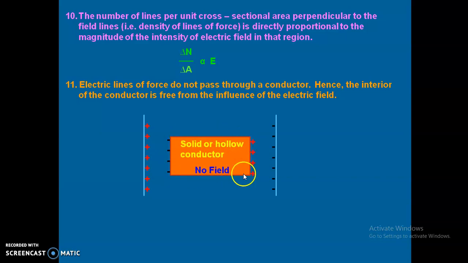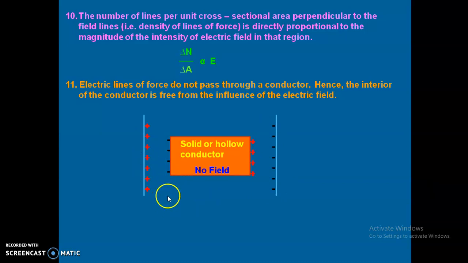You can see that after placing the conductor between the plates, the induced negative charge will be produced on this face, because these are the positive charges, and again induced positive charges will appear on this surface because of these negative charges, right?